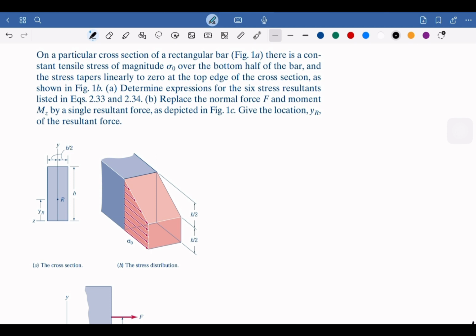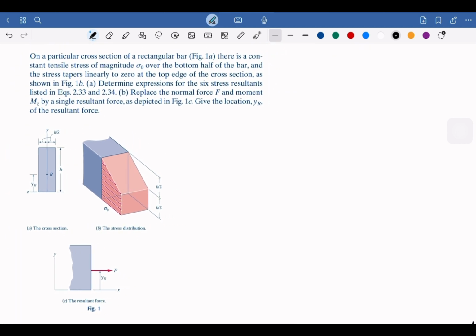So the question is, we need to express the 6 stress resultants, which means that this F, the Vy, Vz, the torque, the My, Mz, that will be the questions.